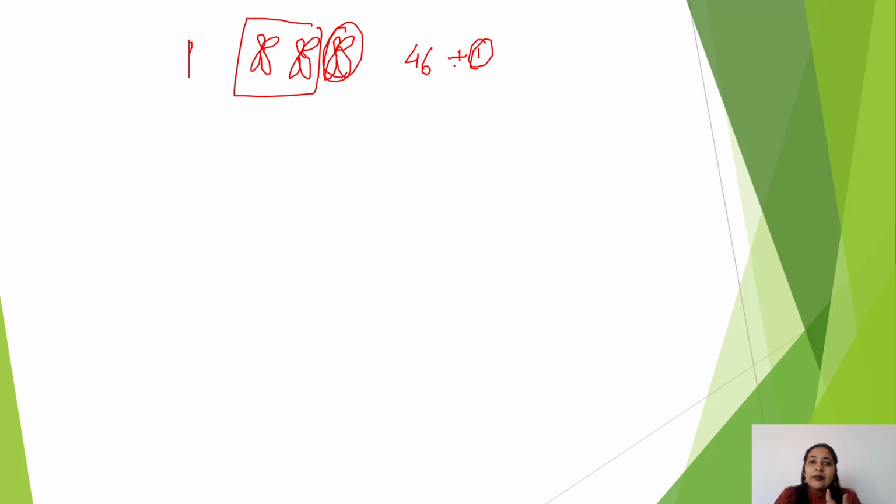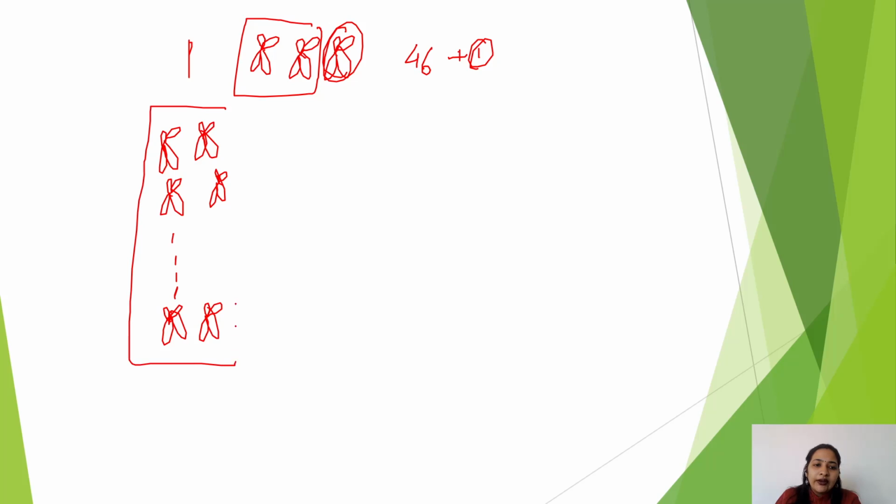But it may happen that at times we have a complete set extra, like this. See, this is 1, this is 2, and so on. This is the 23rd pair, right? So I told you in the last lecture that man is a diploid animal. That means we have ploid. Ploid means one complete set of chromosomes.